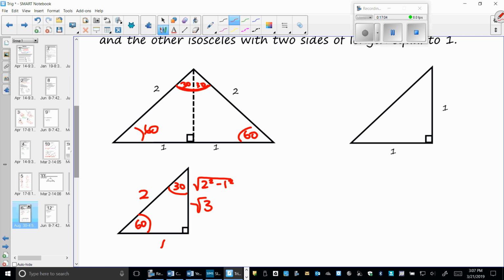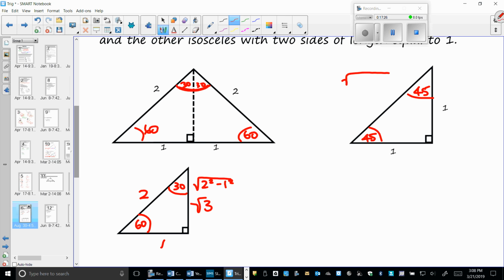The other kind of triangle that we need to learn about is an isosceles right-angled triangle. For this triangle, these are both 1. The fact that it's an isosceles triangle means that these are both 45, because we know angles in a triangle add up to 180 and this one's 90. This one here, again, we're using Pythag.